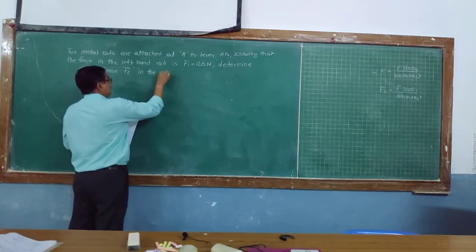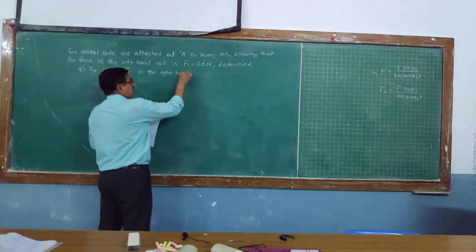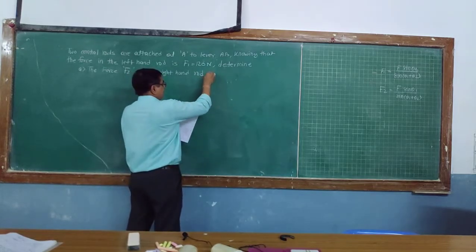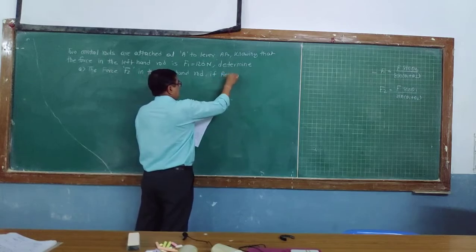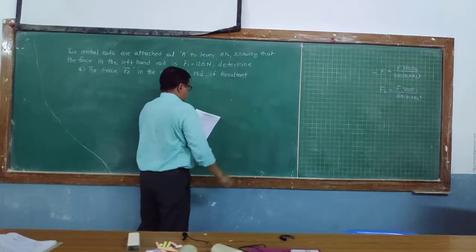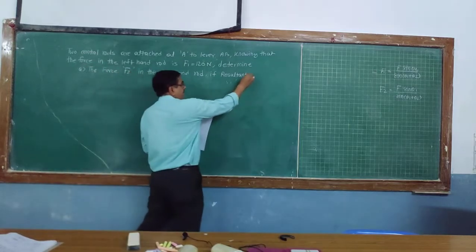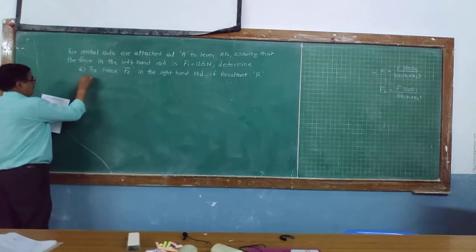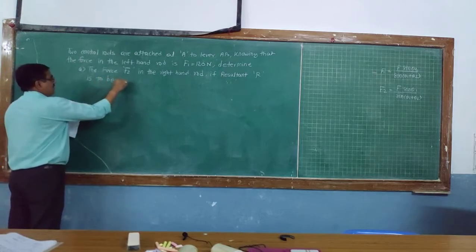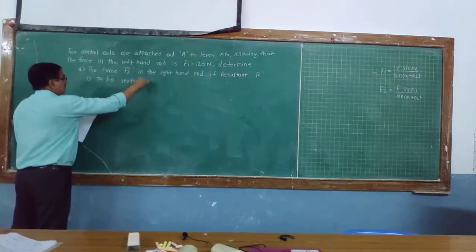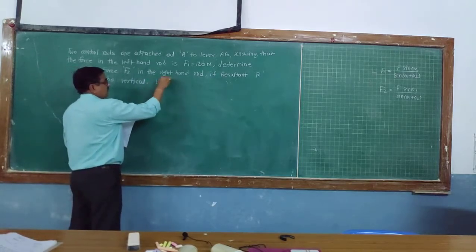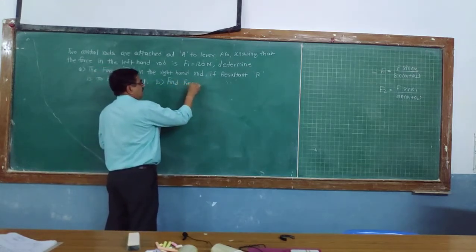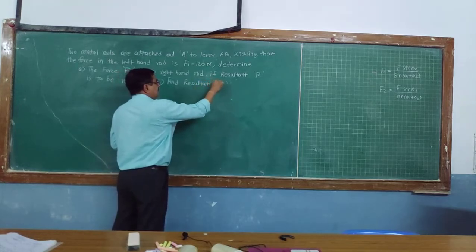In the right hand rod, if the resultant, denoted by R, is to be vertical, and hence find the resultant.